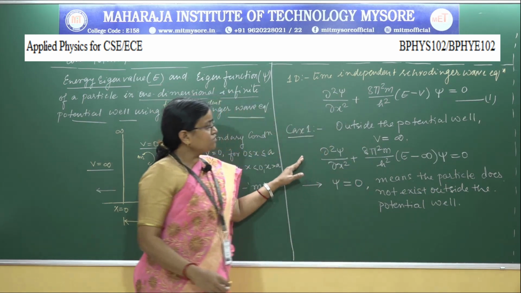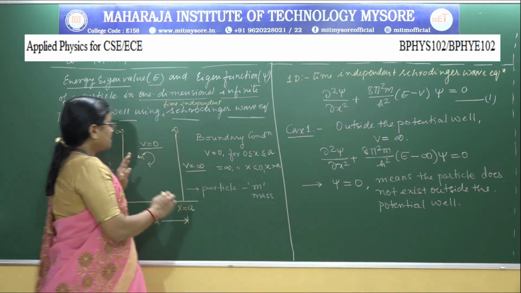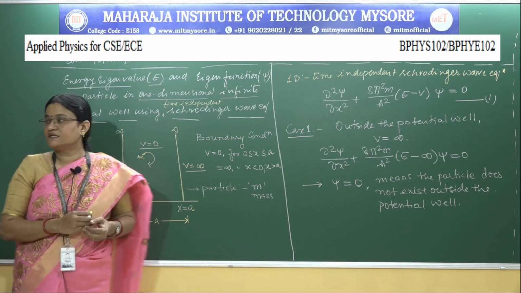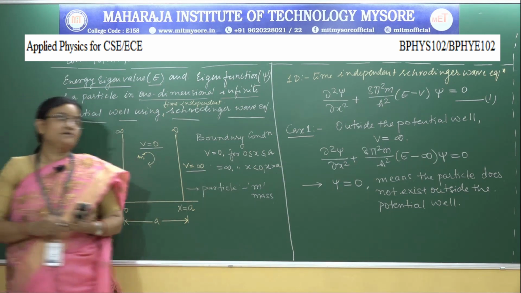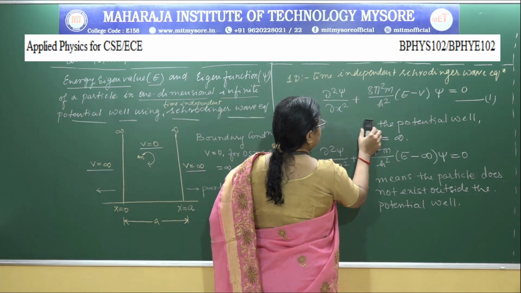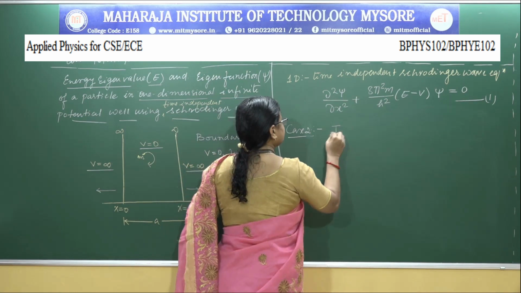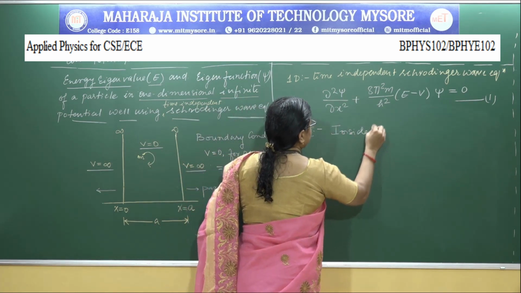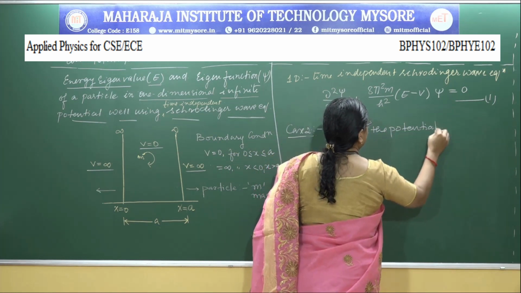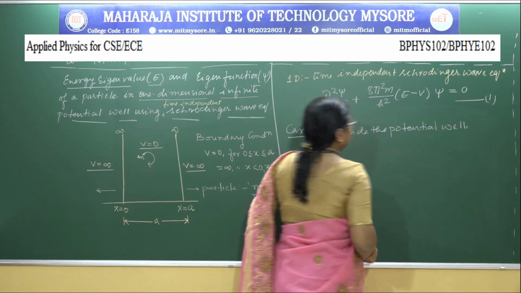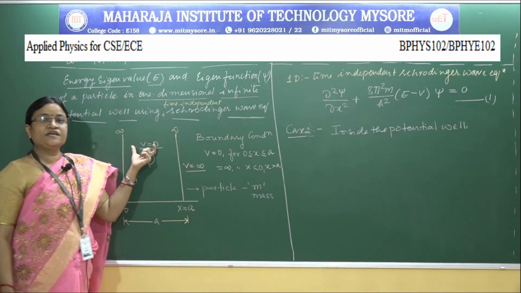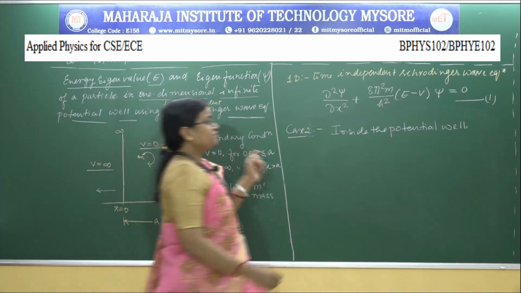Now let us go to the second case, where we assume that the particle exists inside the potential well. Inside the potential well we know that V is equal to 0.